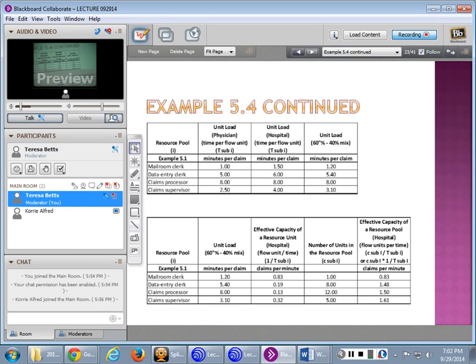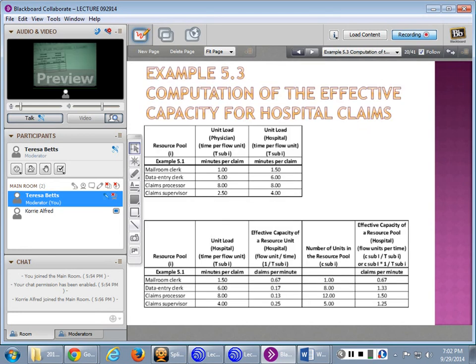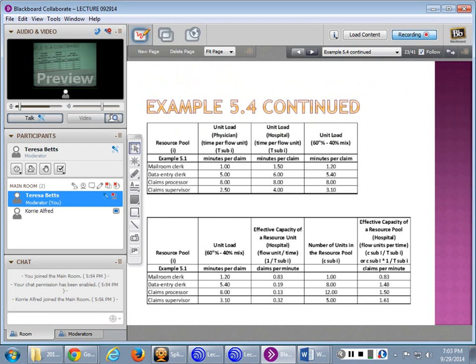Let's come back and go from here. So our unit load, right, is this very first column. And when we're calculating our artificial unit load, all we're doing is taking a weighted average.